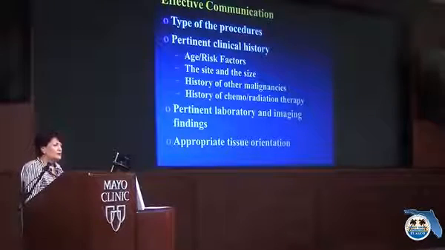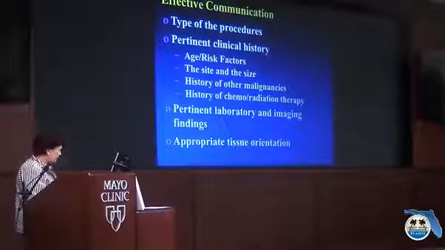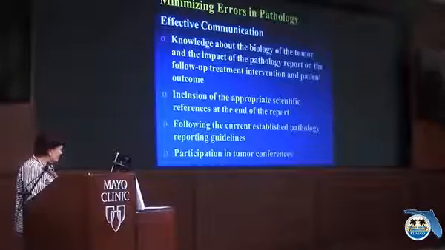So your pathologist should be that source of education and information to your clinician, so that you can better talk to your patient, better educate your patient, and at the same time better make a decision as to what is the most appropriate therapy for that specific patient.